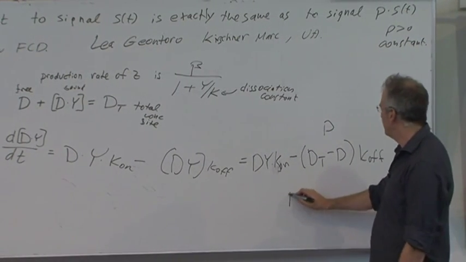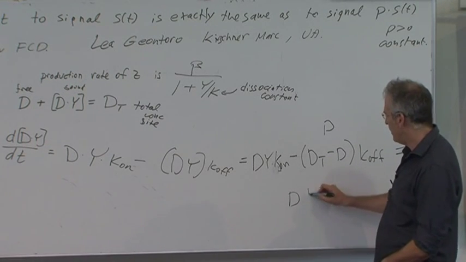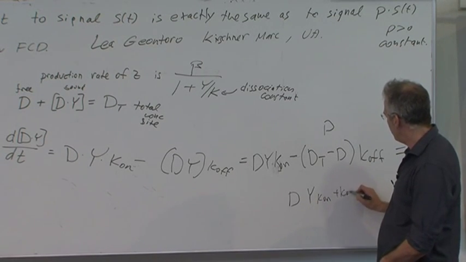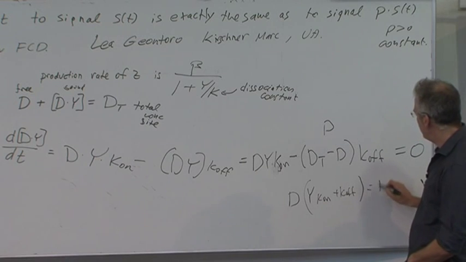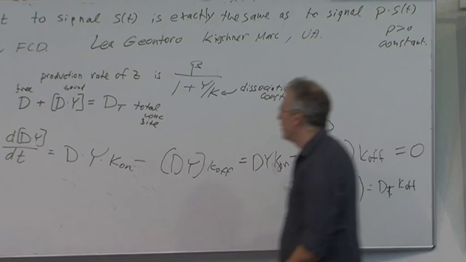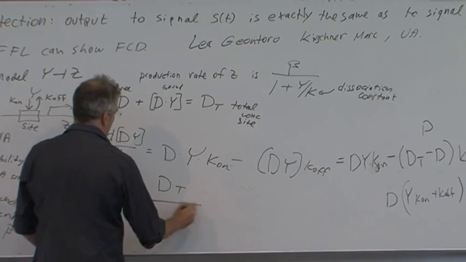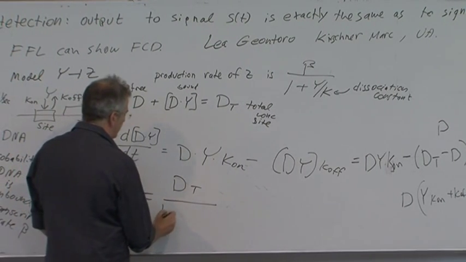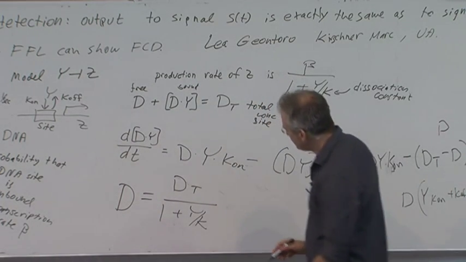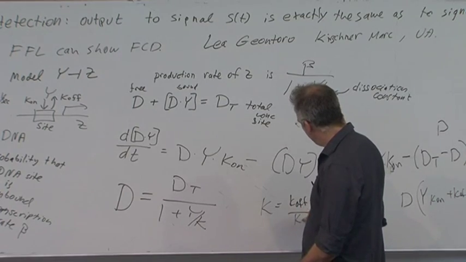That means d times y k on plus k off equals d total times k off, or this open state is d total over 1 plus y over k, where k equals k off divided by k on.